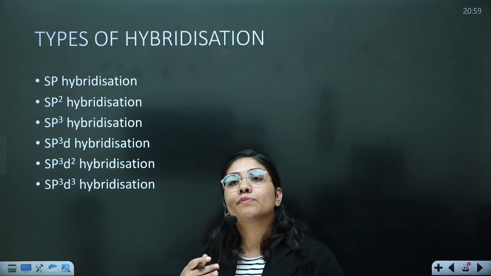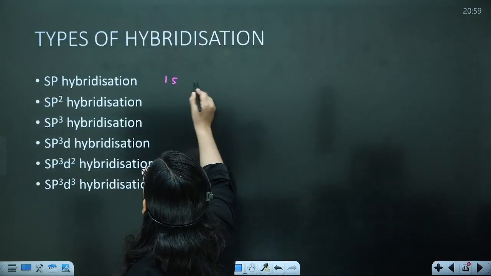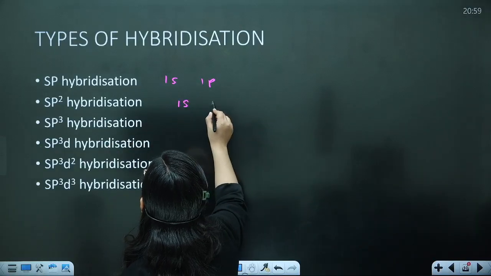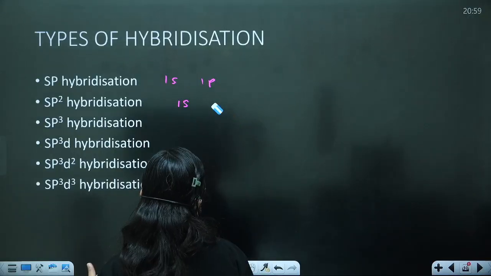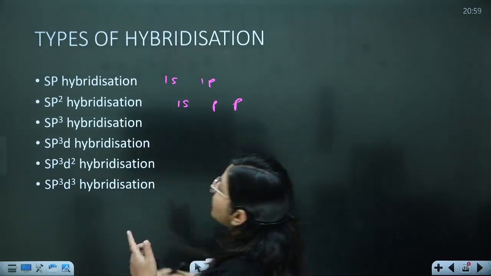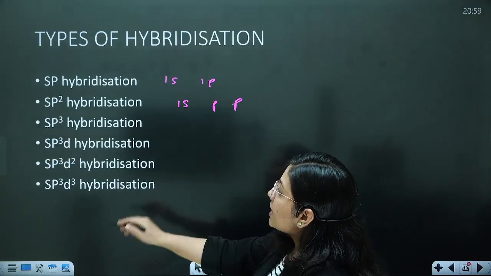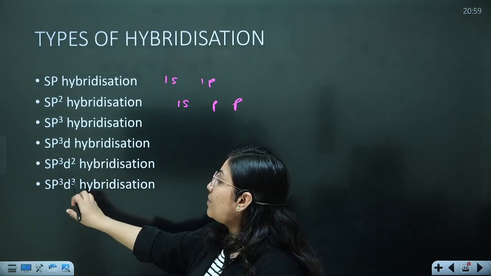So there are types of hybridization. When 1s and 1p are participating, it is sp, then 1s and 2p, then 1s and 3p, 1s 3p 1d, 1s 3p 2d and 1s 3p 3d.